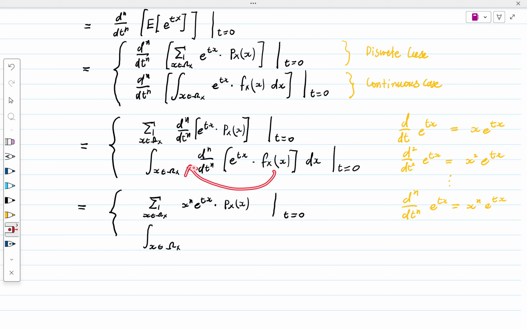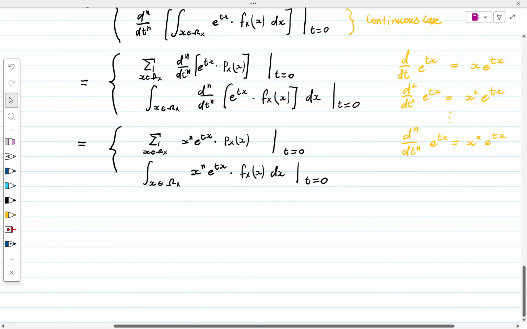So it's a constant with respect to t. We're only interested in differentiating the e to the tx. We know what that is: x to the n e to the tx times f_X of x dx, again evaluated at t equal to 0.